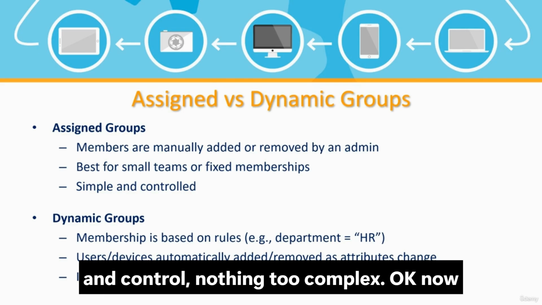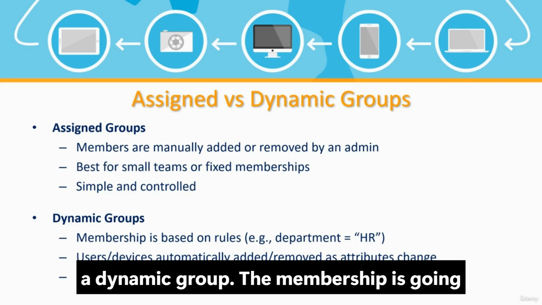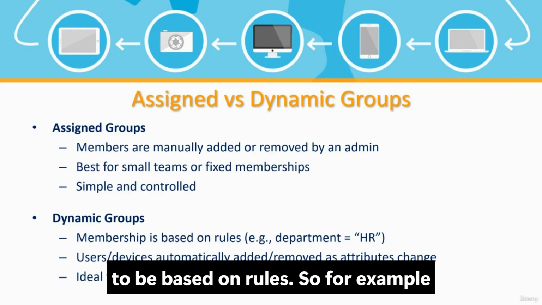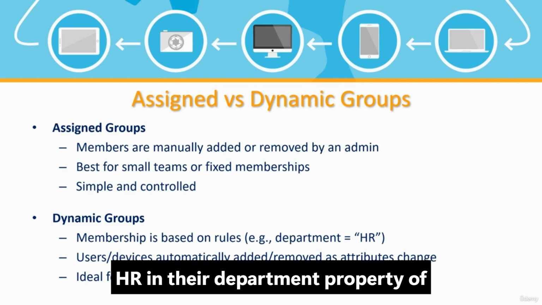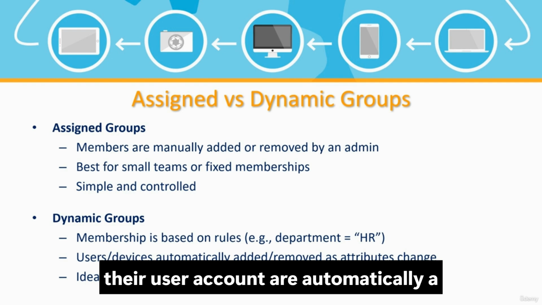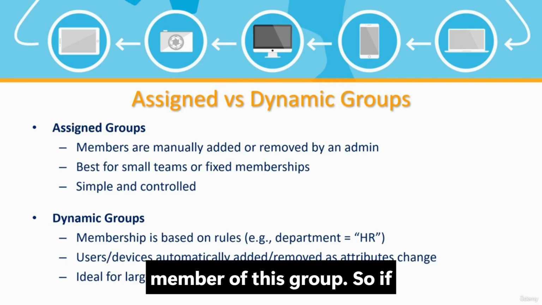Now a dynamic group, the membership is going to be based on rules. So for example, I can create a rule that says every user that has the letters HR in the department property of their user account is automatically a member of this group.